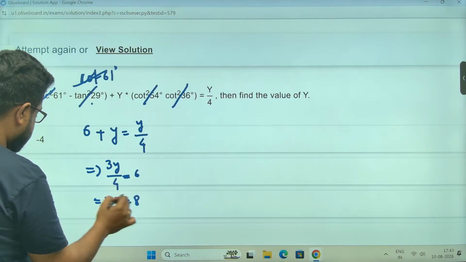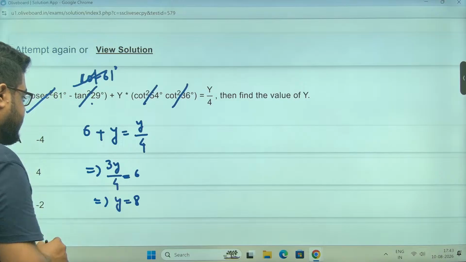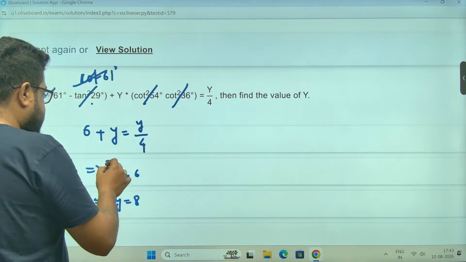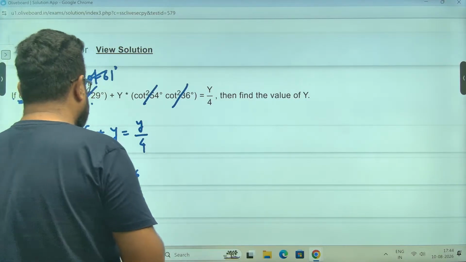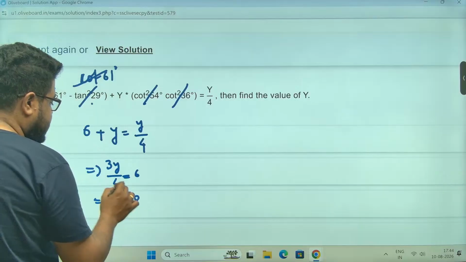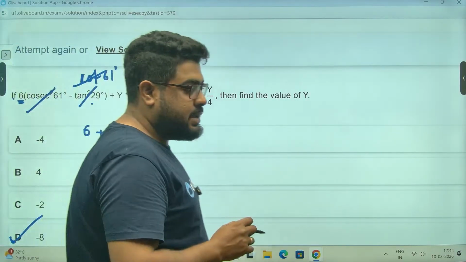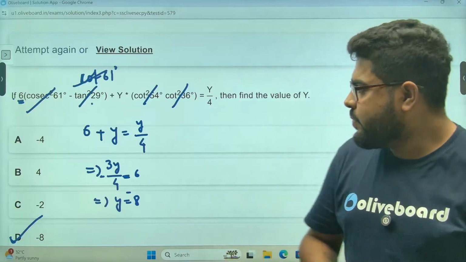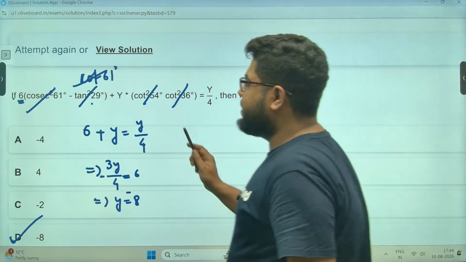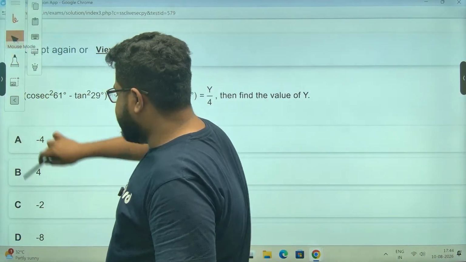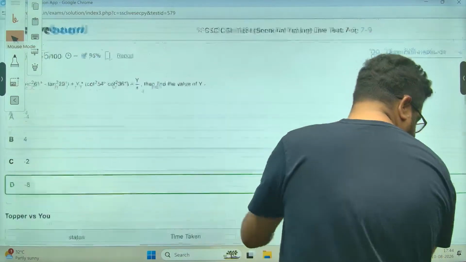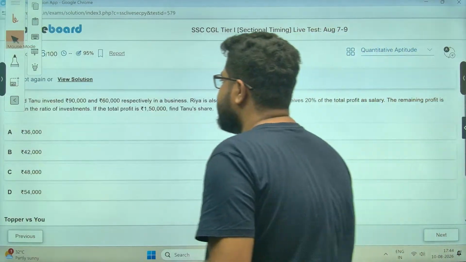Option, one second. Have I done some mistake? Yes, this will be minus 8, minus 3y by 4. Minus 8, option D is the answer. I was thinking plus 8, but plus 8 is not there in the options. My mistake. Clear? Option D is your correct answer. Next one, please.